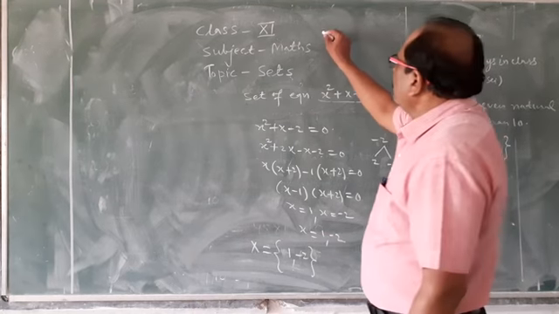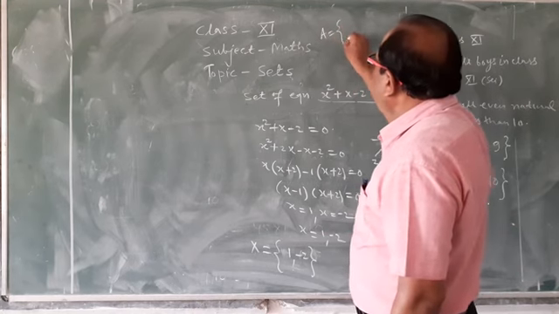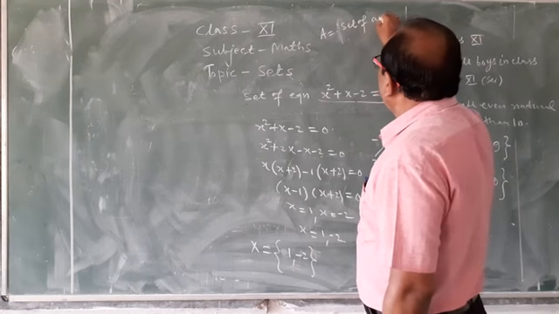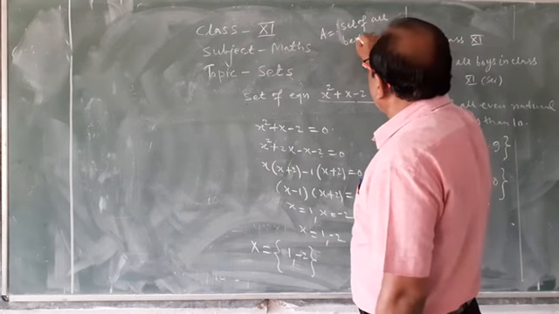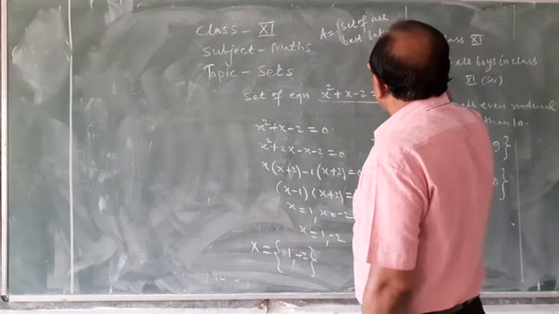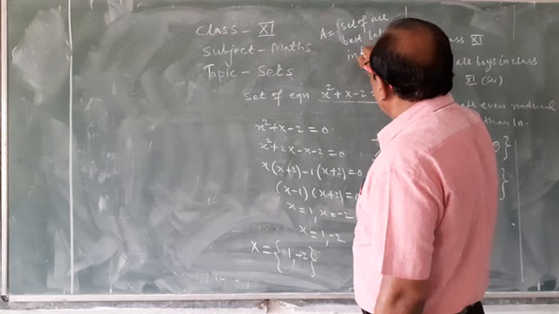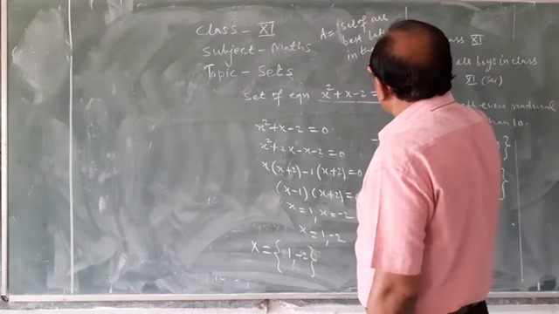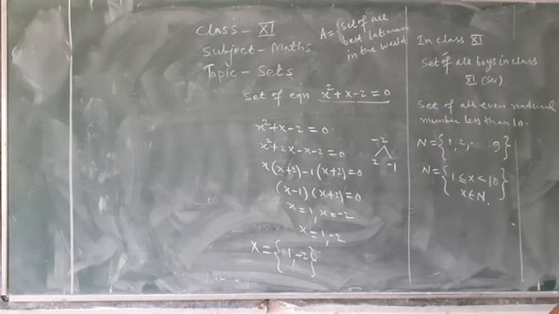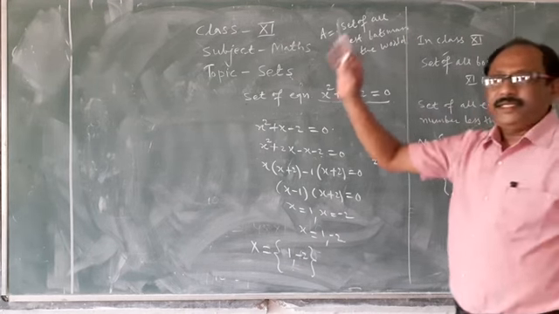Suppose A is equal to set of all best batsmen in the world. Tell me, is it a set?